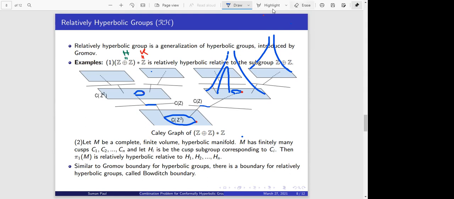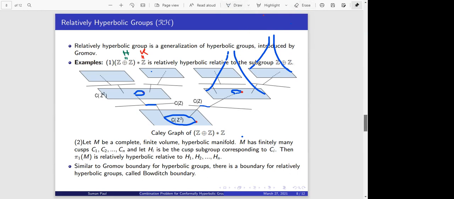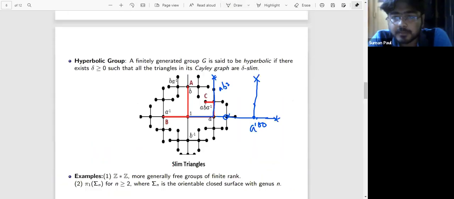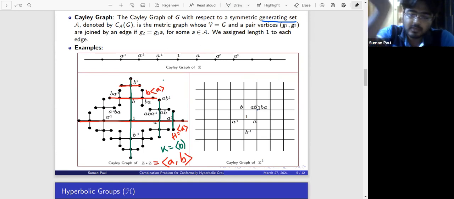Can you make it more clear, the attaching of a horoball? Yeah, I have not written it. So basically, what you do, for example, take this Cayley graph. So this is the Cayley graph of Z direct Z. Now for each natural number, you consider a stack of Cayley graphs.